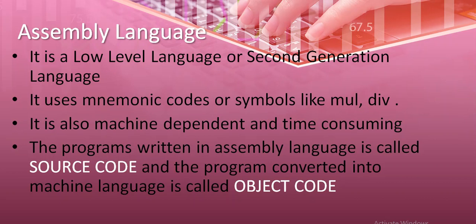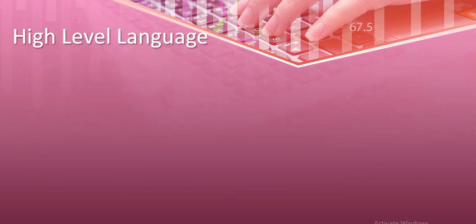The programs written in assembly language are called the source code, and the programs converted into machine language are called object code. Now, why do we need to convert assembly language into machine language? Because the computer understands only machine language, but we cannot understand machine language. So, in whatever language we are doing the programming or designing, that needs to be converted into machine language.